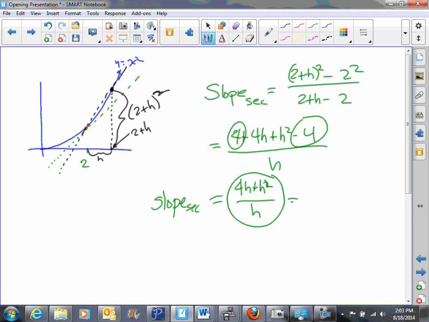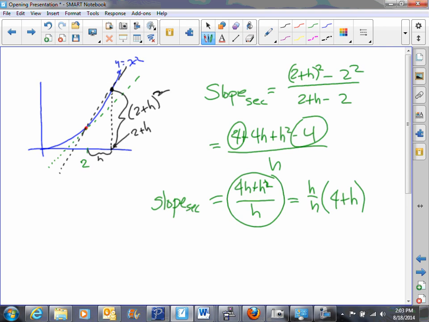But notice, algebraically, this is the same thing as h over h times 4 plus h. So the slope of the secant line at any place except where h is 0 is 4 plus h.